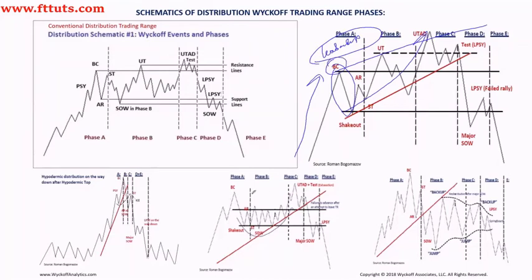It more reminds us of this schematic right here, which also defines a distribution of the leadership stock, where a buying climax is being followed by a shakeout type of action. Then we have a reaccumulation type of structure that leads us to the upthrust formation, and then we have a downturn.